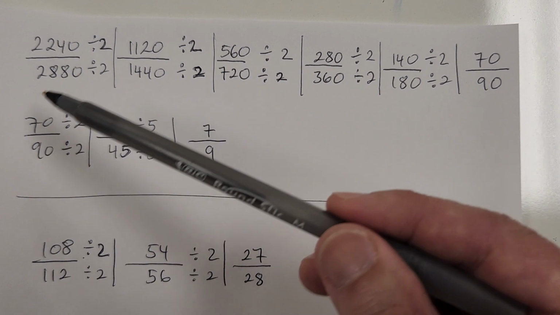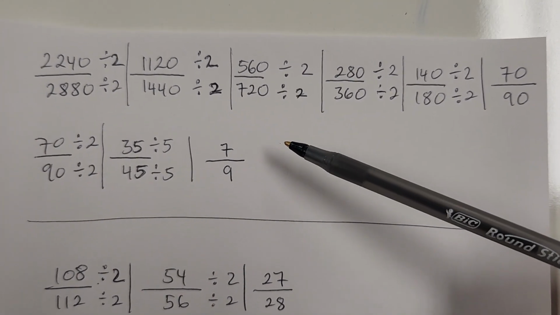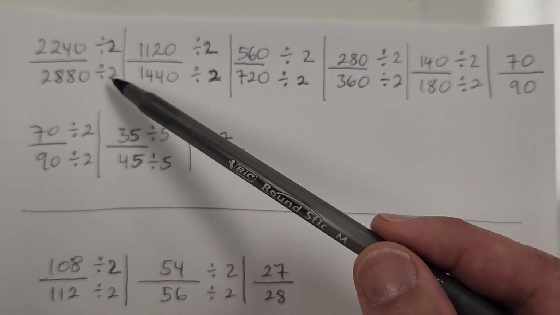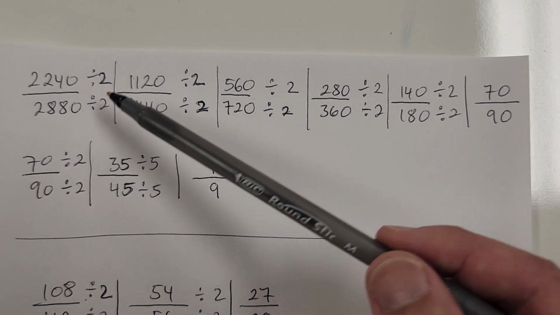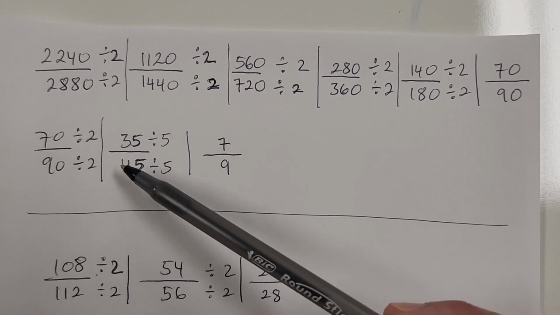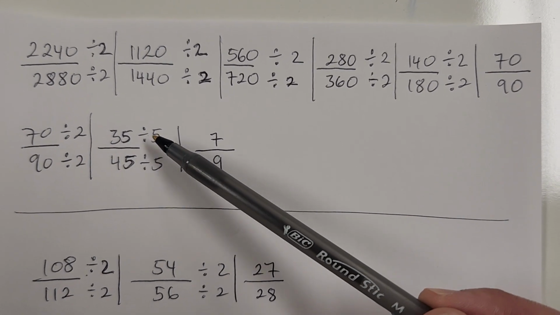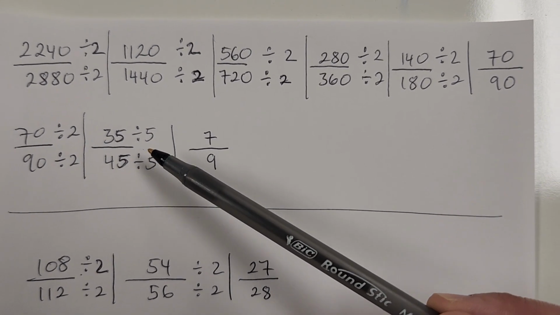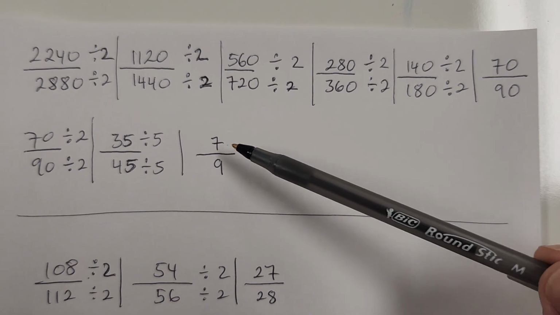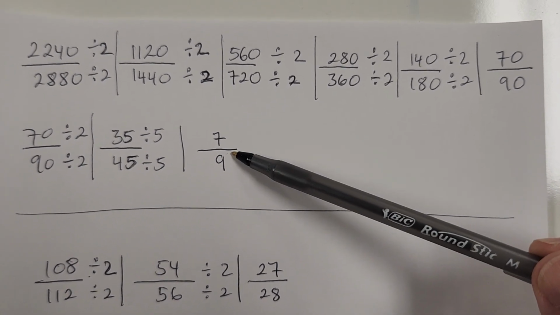Okay, so this is how to reduce fractions. Always start with 2 and keep going until it doesn't work anymore. If 2 doesn't work anymore, do 3. If 3 doesn't work anymore, do 4, and so on until it is reduced to the lowest term.